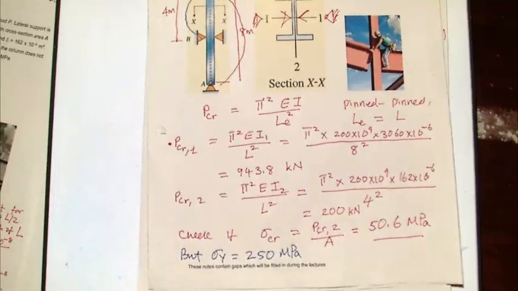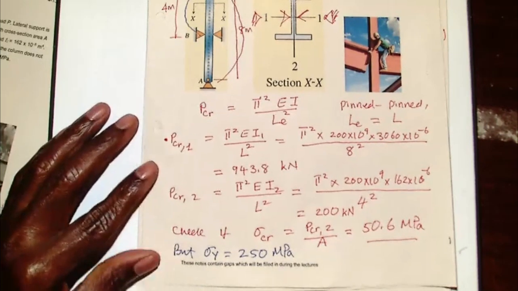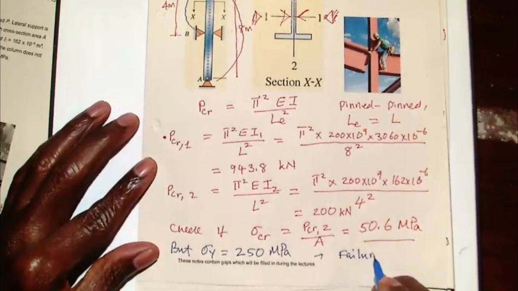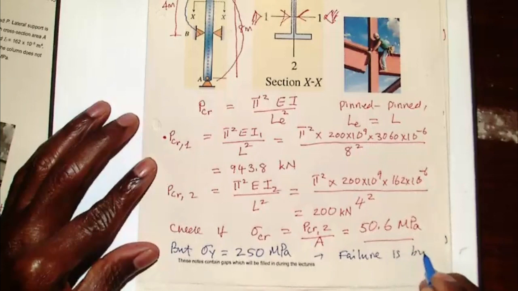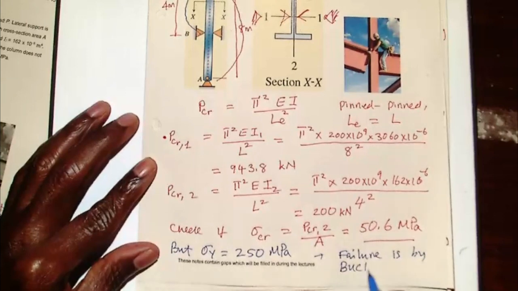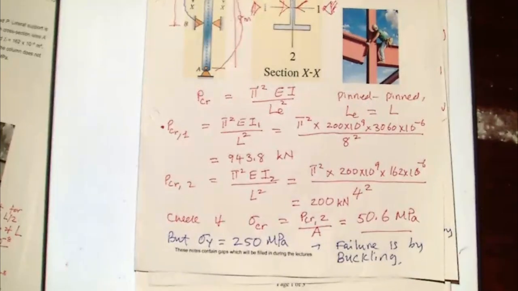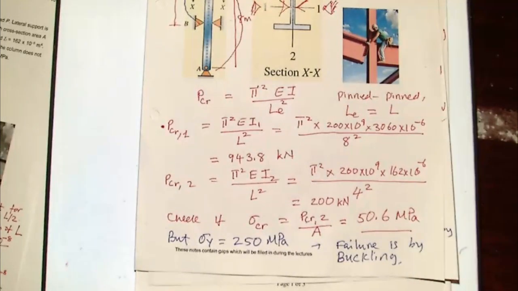So in this case, unlike the first one, because the stress when it buckles is much less than the yield stress, if this is going to fail, failure will be by buckling, because you will get to 50 megapascal first before you get to 250.